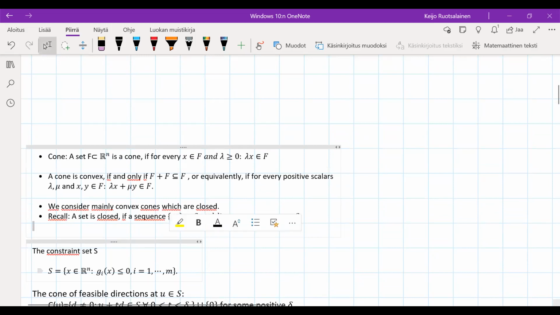And let's define what we mean by a cone.